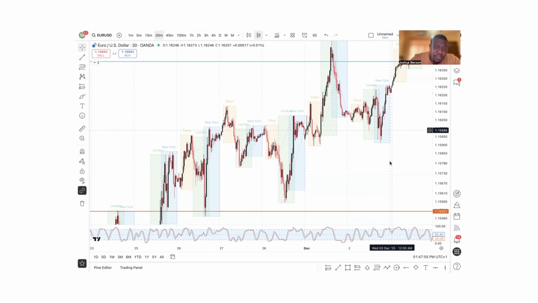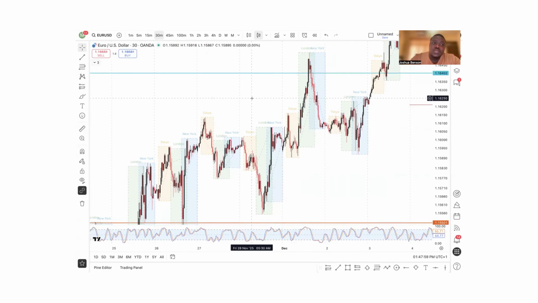Meaning that if I want to trade Euro USD, where the quote currency is US dollar and the base currency is euro, I want to look for the first 30 minutes candle that forms, and then look for a breakout in that direction.